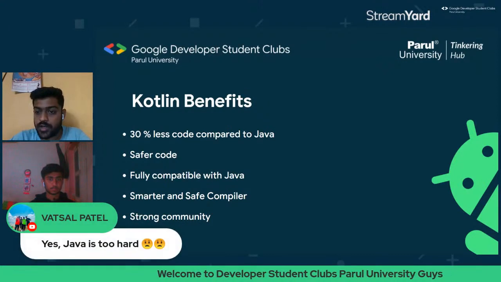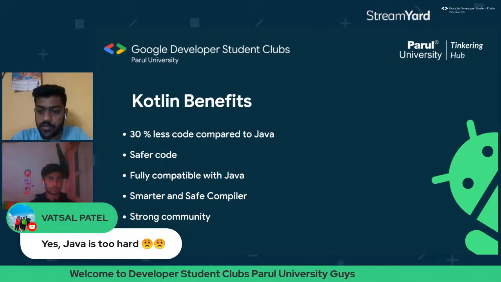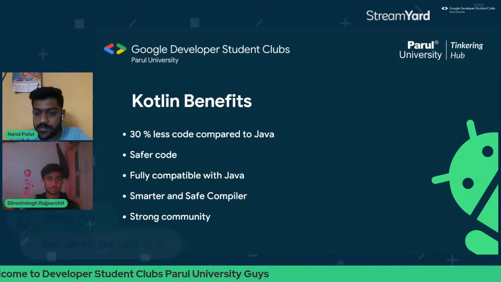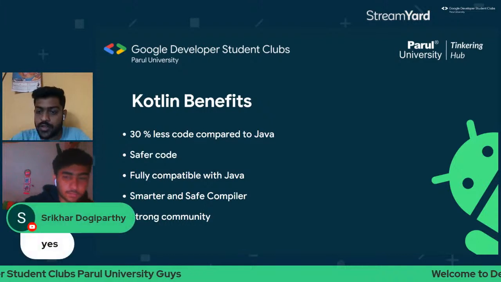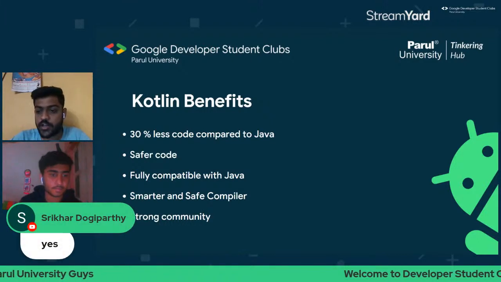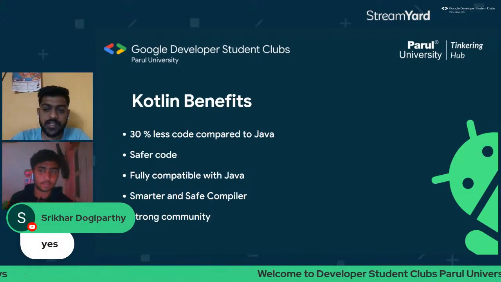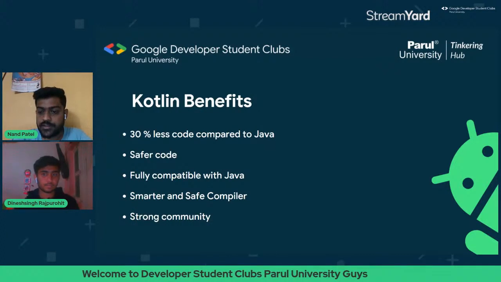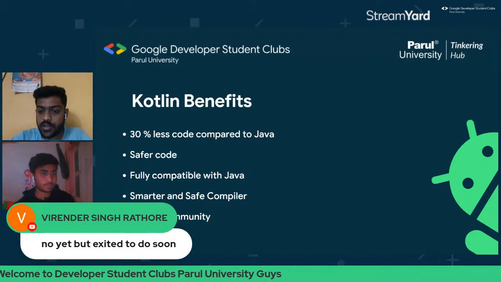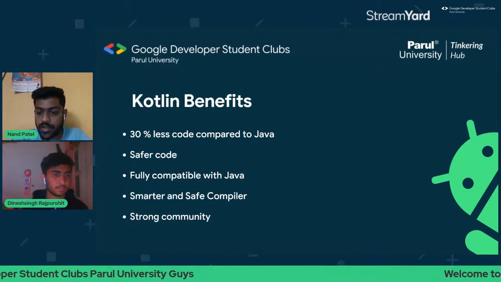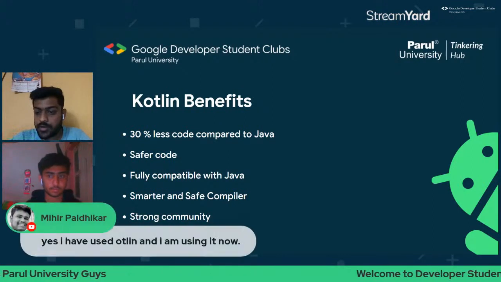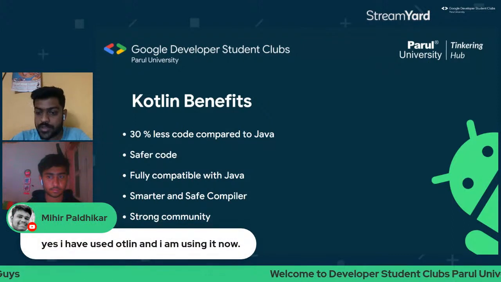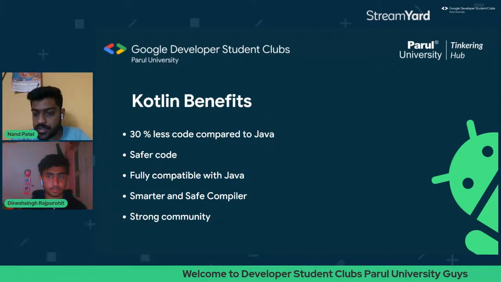Yes, Java is too hard, but you have to do it. Yes, learning, no worry. You just have to stay focused on this curriculum, and you will get the basic idea of Kotlin. Yes, not yet, but excited. We are here to help also. Yes, I use Kotlin and I'm using it now. Yes, Mehir, you have amazing experience with that.